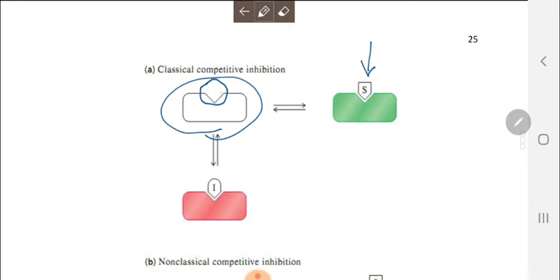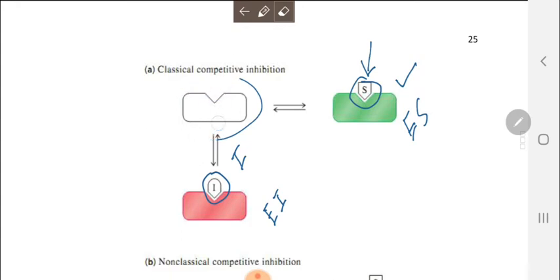If you add the substrate, it becomes an enzyme substrate complex, and if the inhibitor is added, it forms an enzyme inhibitor complex. Simple. Both the substrate and the inhibitor target the same site, so there is competition between the binding of substrate and inhibitor.